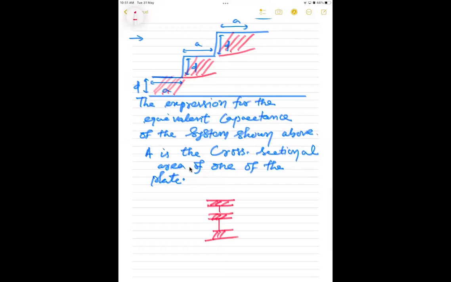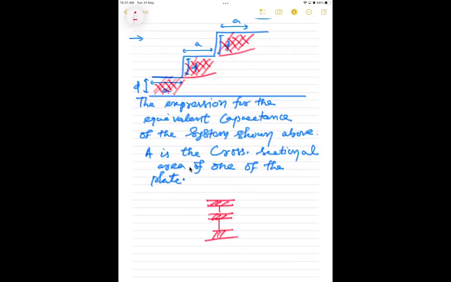It seems to be series, right? That's why you said series. You are thinking this is one capacitor, this is one capacitor, this is one capacitor, and they are connected back to back. So, sir, three are connected in series, right?